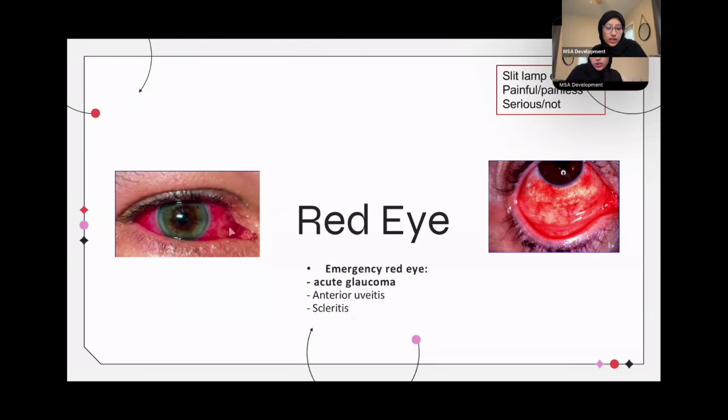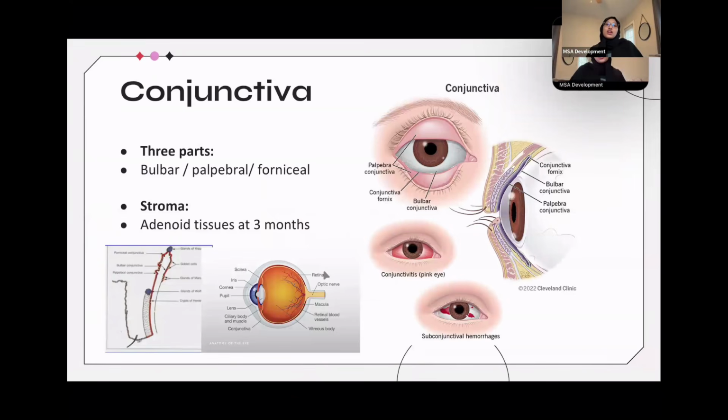It's not supposed to be red, but if it is, then it's an emergency. Now, uveitis is the middle layer of the eye. If that is red as well, it will have a different presentation, but basically just know these three for emergency. Now, again, the red eye can be from a lot of different layers.